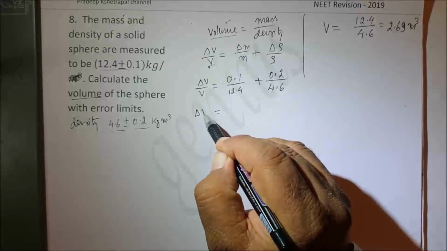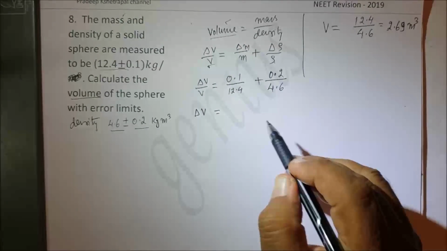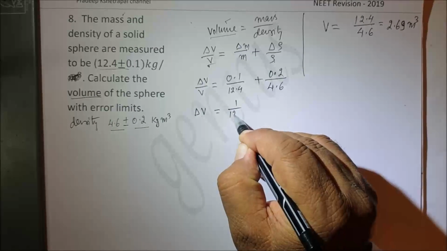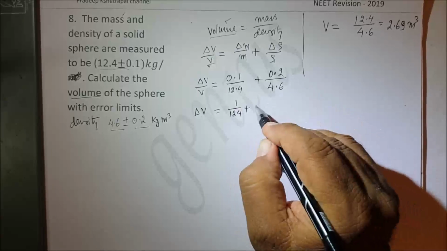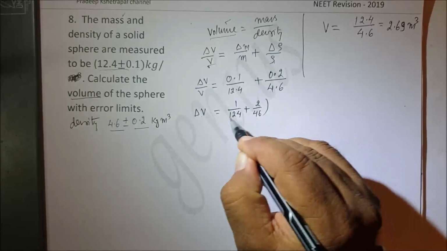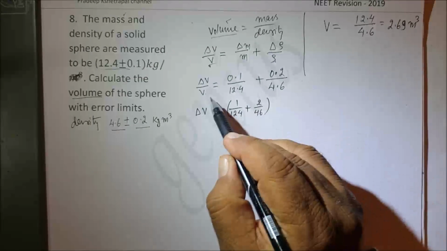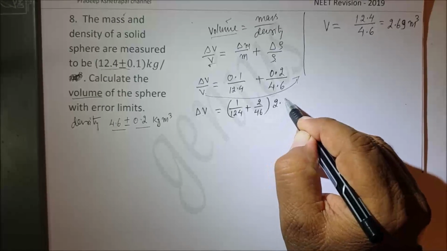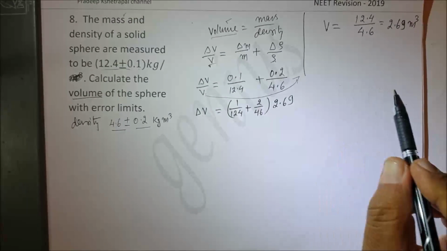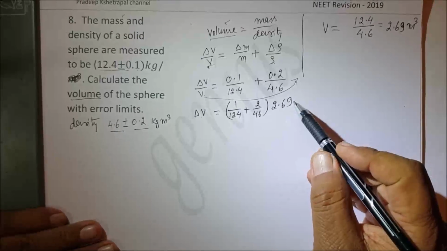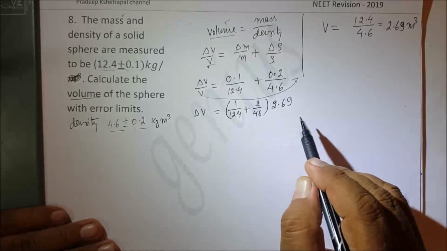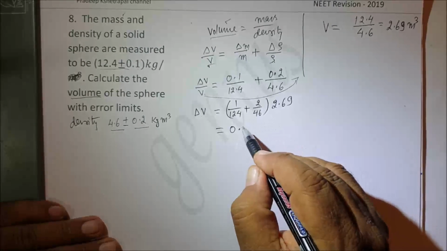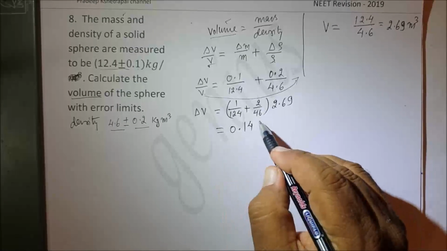Here we have to write that delta V is equal to this 1 upon 124 plus 2 upon 46 to be multiplied with V. V will come here, and this V is 2.69 meter cube. So this is value of delta V, and when we calculate, it comes to be 0.14 meter cube.